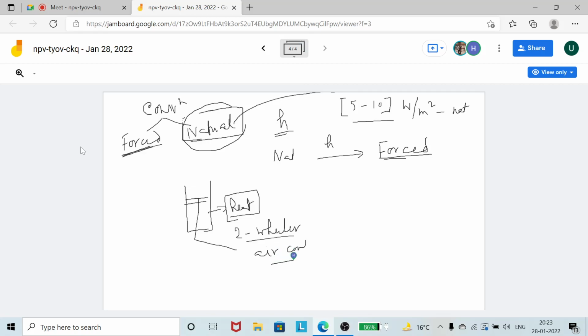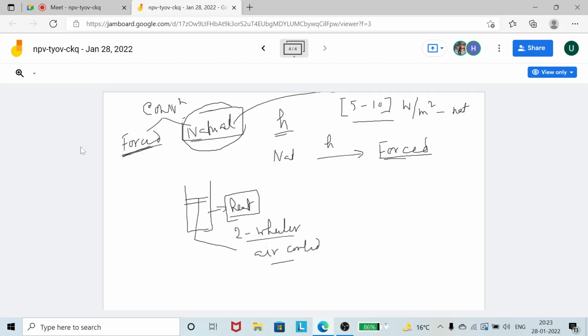But if you talk of a four-wheeler, is the engine air cooled? Can you tell me, is the engine of a four-wheeler air cooled? No, sir. Fluid. No, because air gives you less heat transfer. If you go to water, it will give you more heat transfer.